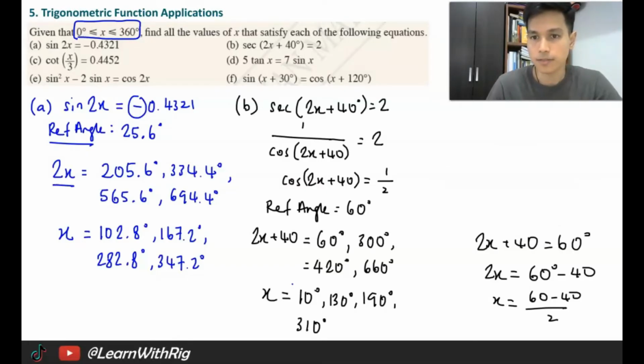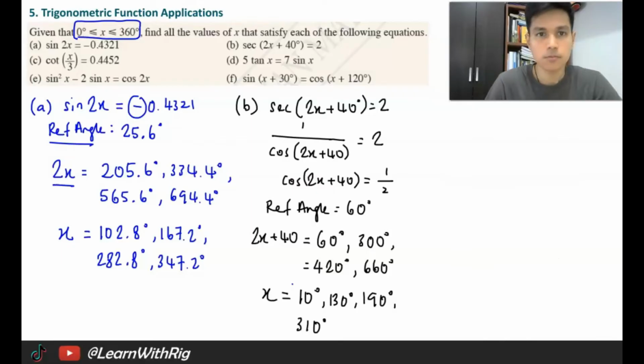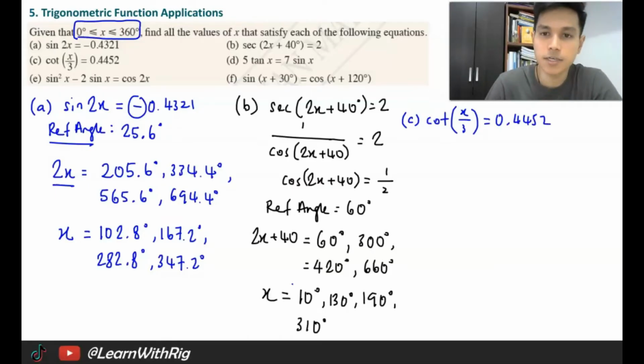Now let's look at the third question here. Question C: cotangent x over 3 equals to 0.4452. First thing, change it to sine, cos, tangent.